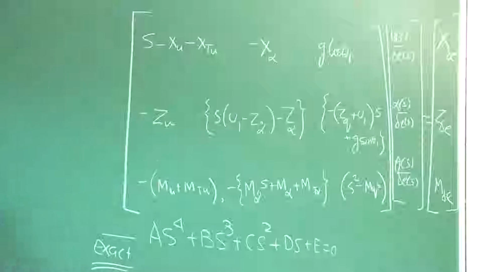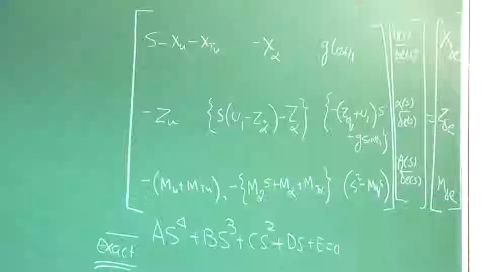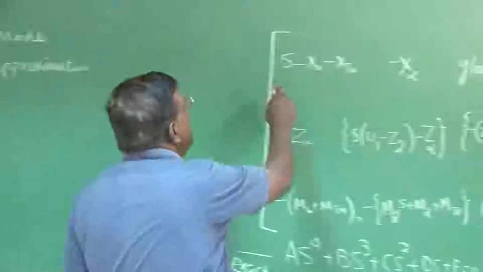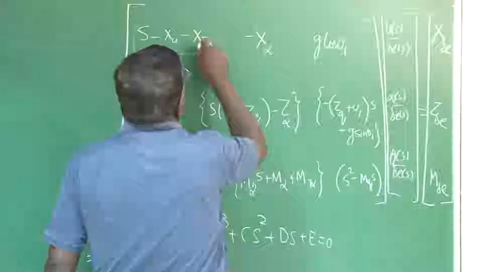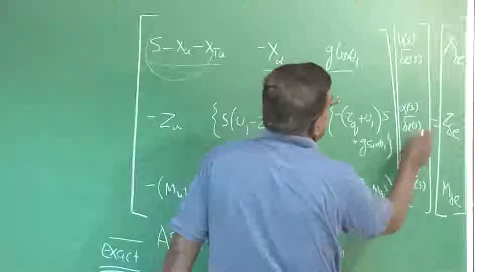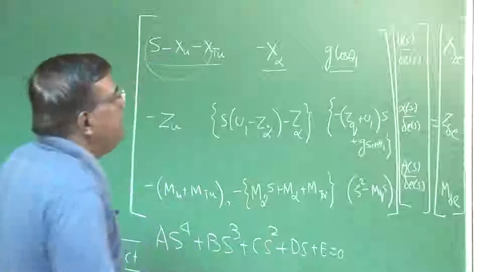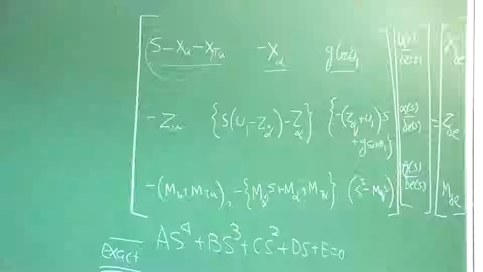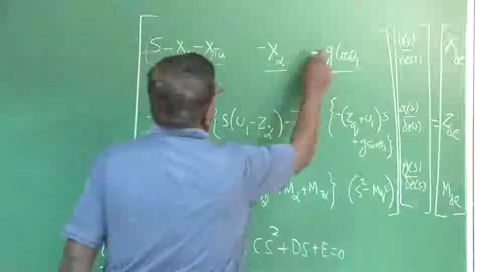What we did was, since the perturbed u is 0, this equation, x minus xu into u equals x delta E, is a superfluous equation because there is no change. So, we are dropping this equation, right.